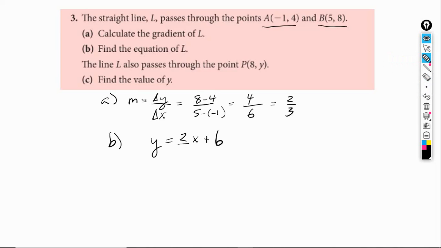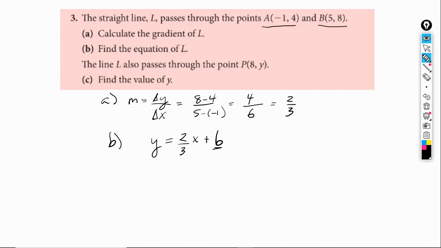And we're only missing b, but the value of b would be simple to find by plugging in one of these coordinates, coordinate A or coordinate B. I'm going to use the coordinates in point A.